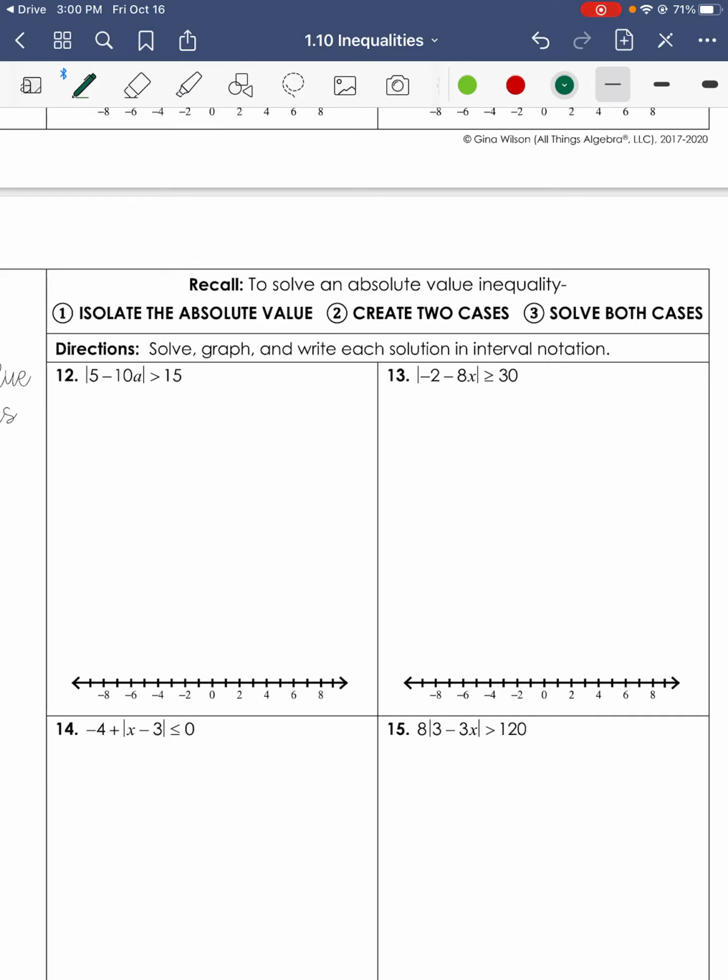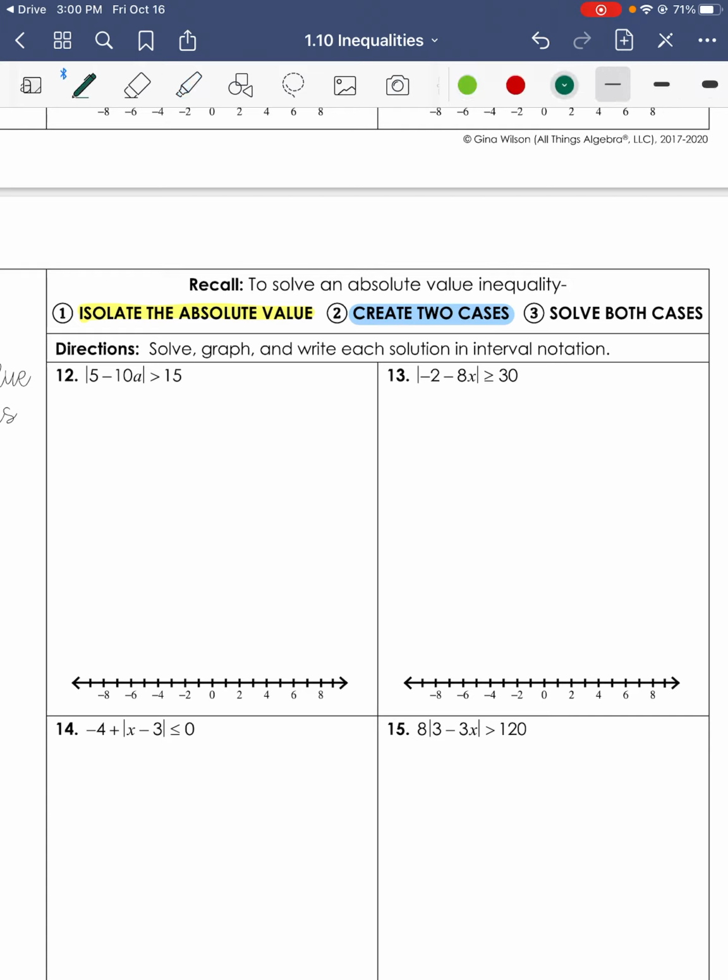Okay, so we have step number 1, isolate the absolute value. In number 12, the absolute value is already isolated. Okay, so we can move on to step 2 here. Create two cases.